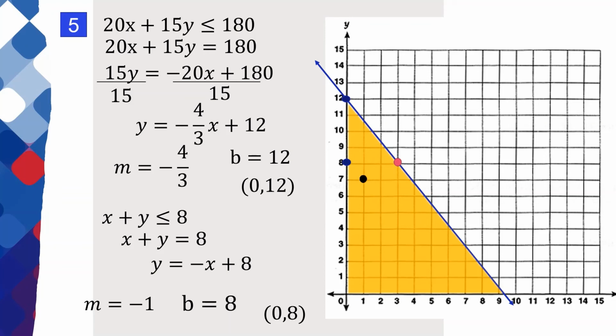Since it is less than or equal to, we are going to use a solid line. Using 0, 0 as our x and y, 0 is less than or equal to 8, which is true. So that's why we will shade this part. As you can see, the double shaded part is on this side.